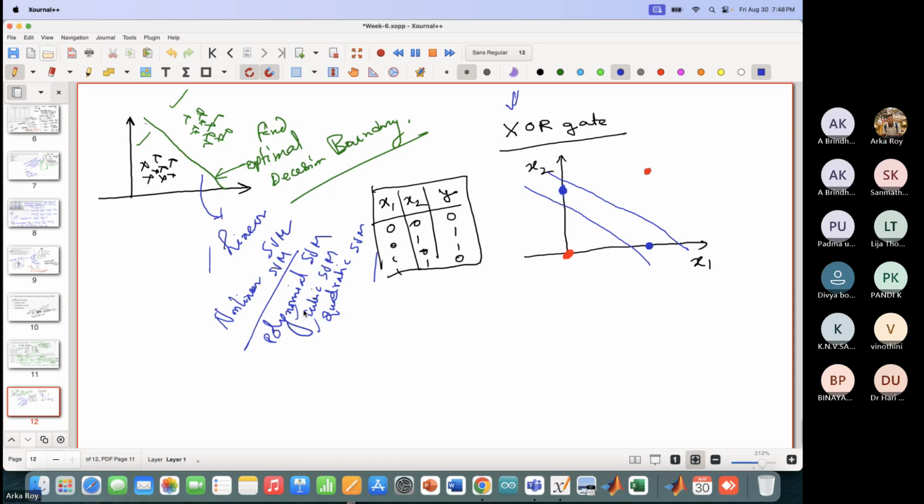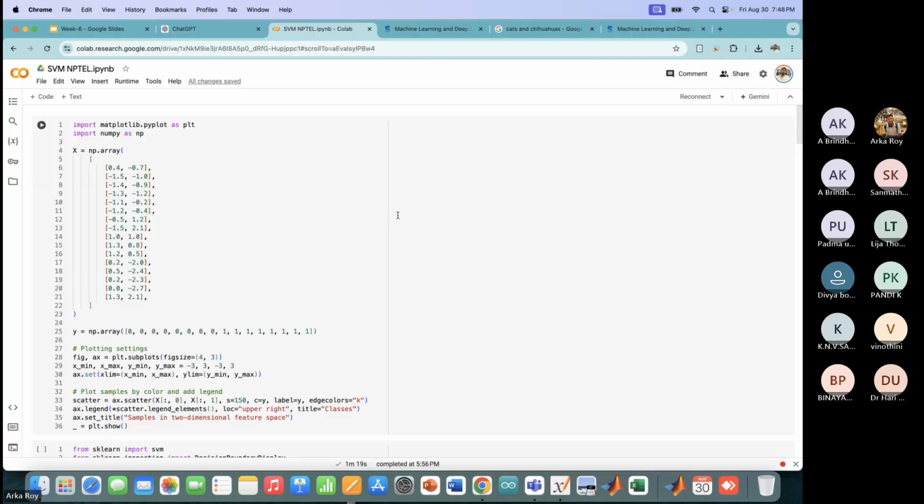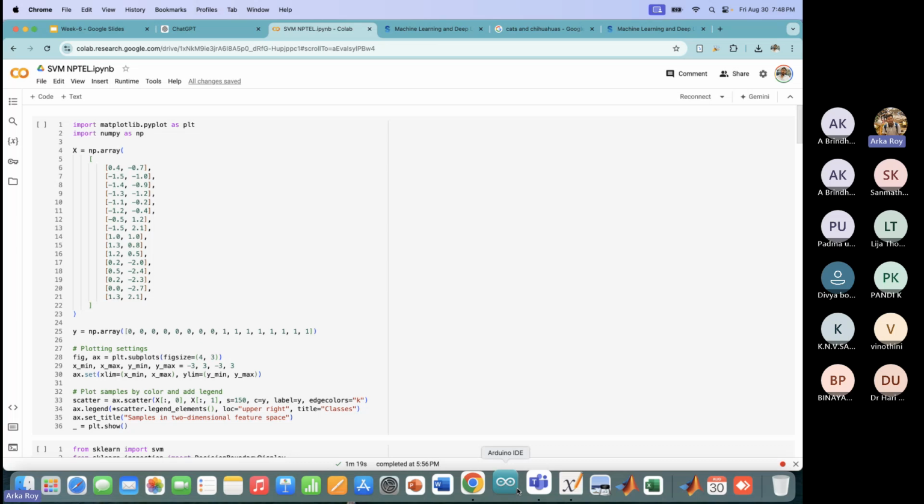Now, for this, you generally don't have to write code by yourself. Let's say you want to implement SVM. You might think you have to write the full code from scratch, but you do not have to, because in Python there is already a package called scikit-learn, which has incorporated the functions for SVM.